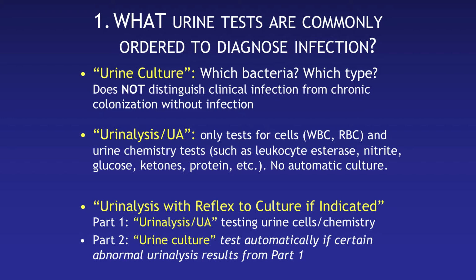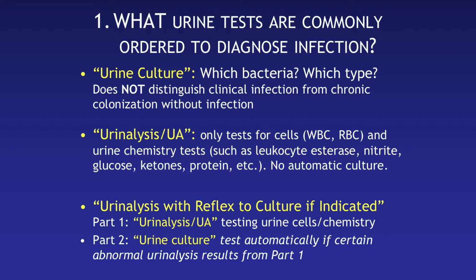This test is commonly used in outpatient settings as a screening test for possible urinary tract infection to inform the decision to start outpatient antibiotics in the patient who is not going to be under continued observation by healthcare workers while waiting for the urine culture to come back.